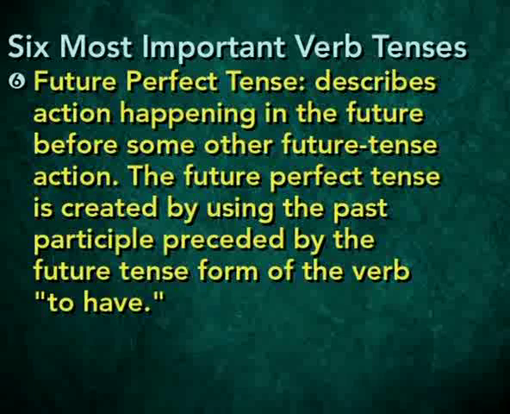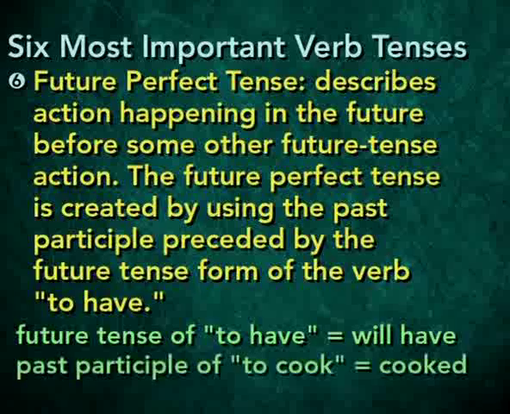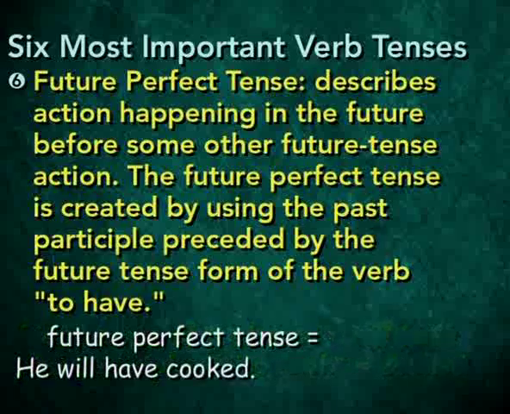Now, the future tense of the verb to have is formed with the words will have. So when we take the words will have and follow them by the past participle, we end up with the future perfect tense. Now, once again, for the verb to cook, the past participle is cooked. So the future perfect tense would be formed by using will have followed by cooked. For example, he will have cooked.